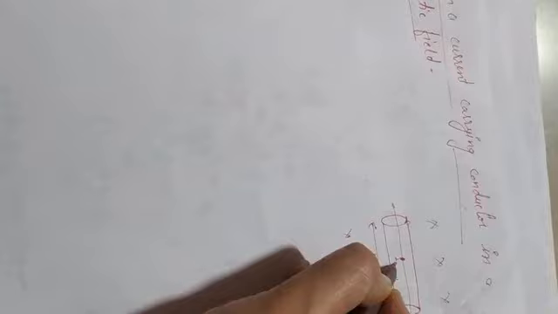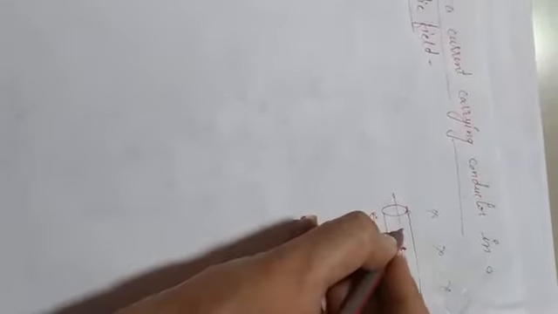Everyone knows that electron flow inside the conductor is opposite to the direction of current, and the current in any conductor is only due to the flow of electrons. If current is acting in this direction, then the electron will flow in the opposite direction with velocity v. Clear? And B will act perpendicular to this conductor, like this, that is the direction of B.